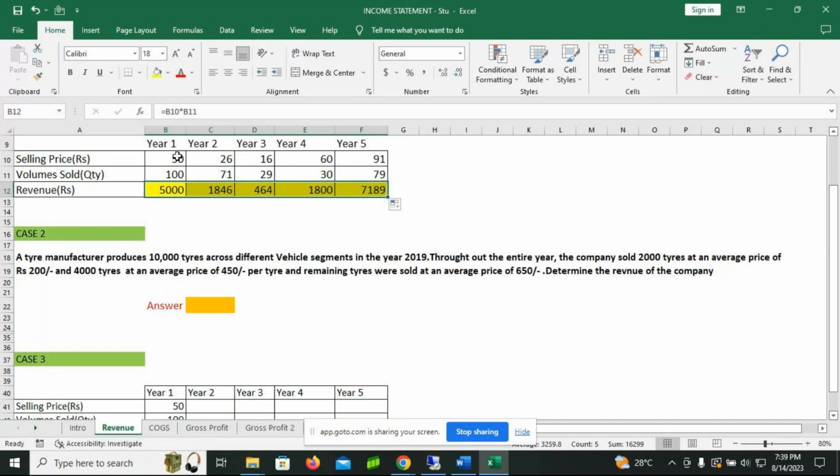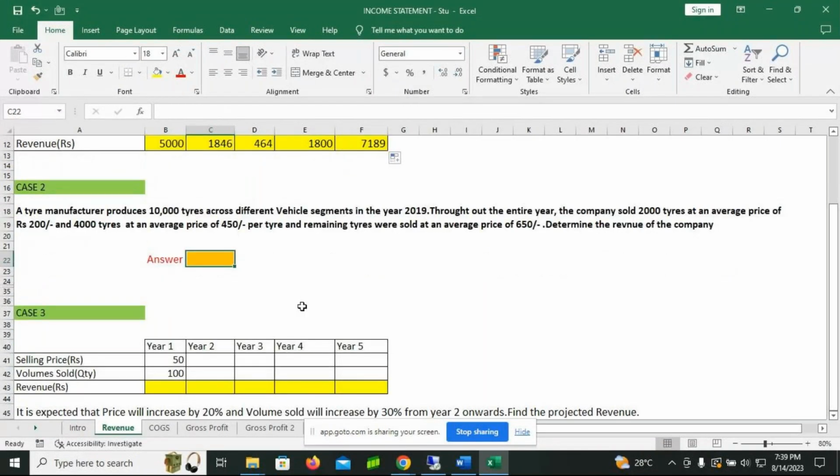We just have to multiply the selling price and the quantity sold, so I get the value over here. The same way, the second case study is also like that. Then the third one: here I have to calculate selling price into quantity sold.